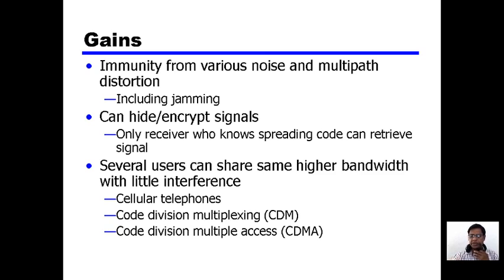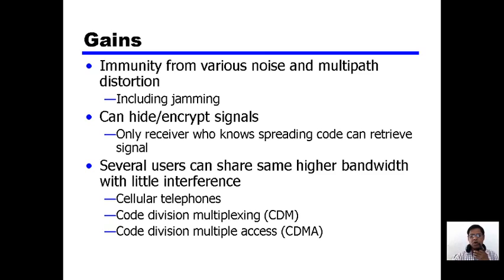And several users can share the same higher bandwidth with little interference. Several channels can share the signals, so the same signals will be transmitted to different bandwidths with little interference.